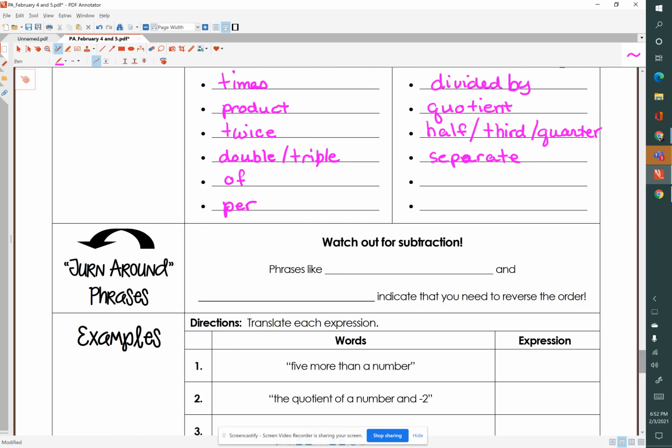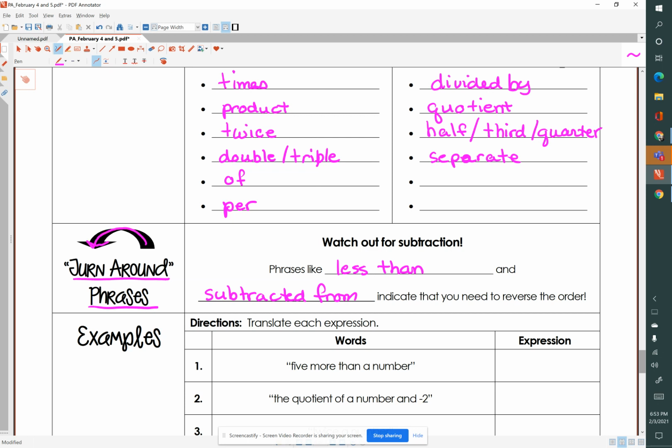Now, phrases like less than and subtracted from are our turnaround phrases.